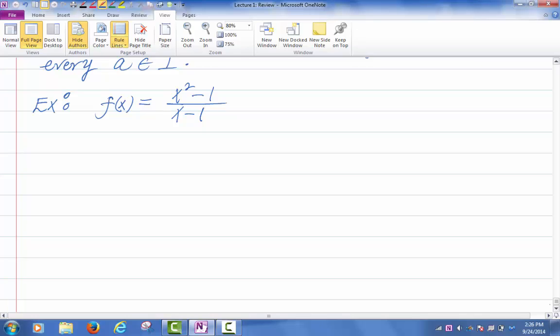No, because right away I can say no, because what's the first condition? The first condition is that the function must be defined at 1, which it is not. Right? It's not continuous. So this function is discontinuous at 1. Why again? Because it's undefined at 1. I don't even have to look at the second condition.